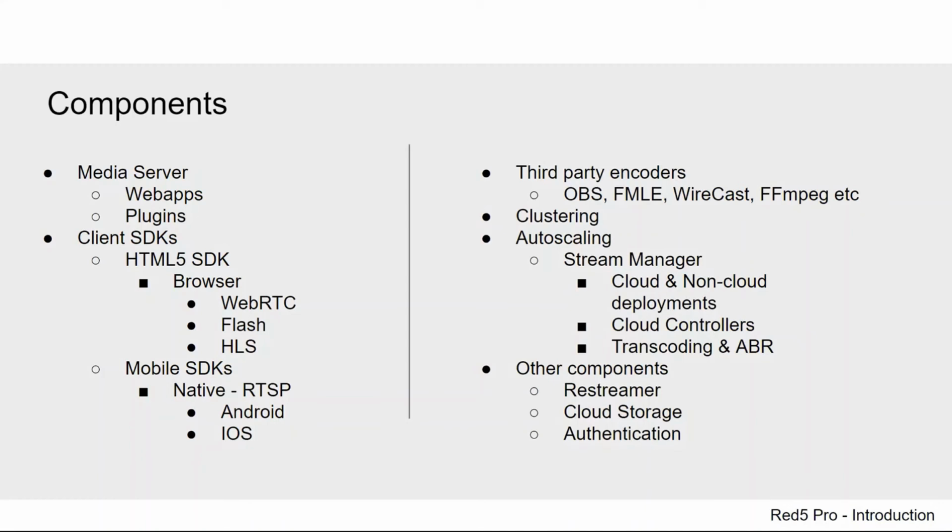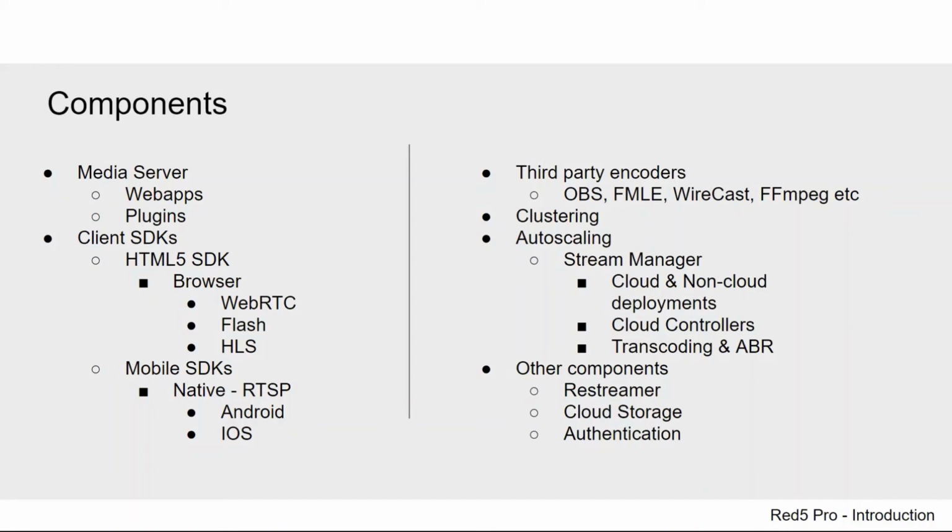Now, transcoding goes hand in hand with something called ABR, that is adaptive bitrate streaming. If you're using WebRTC or the Red5 Pro HTML5 SDK, this will allow the subscriber clients to automatically switch stream quality in near real time.